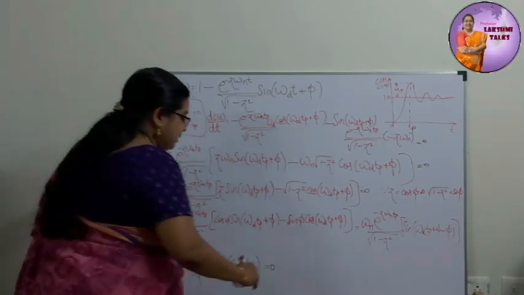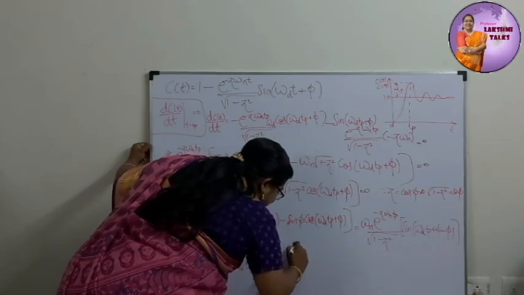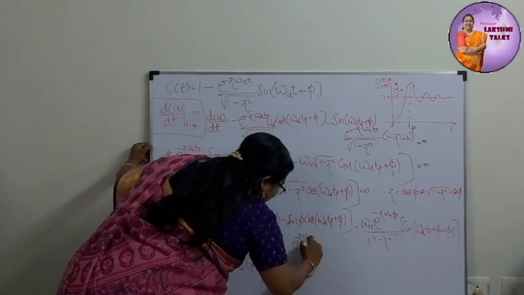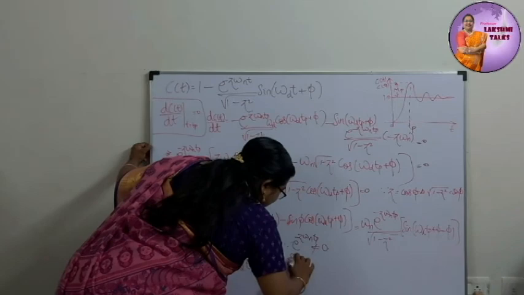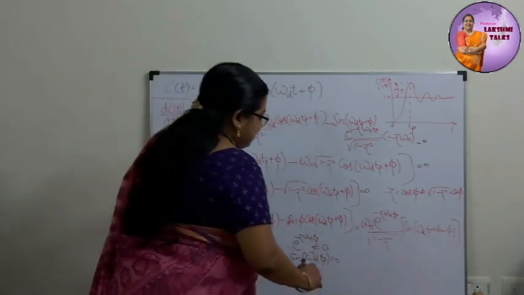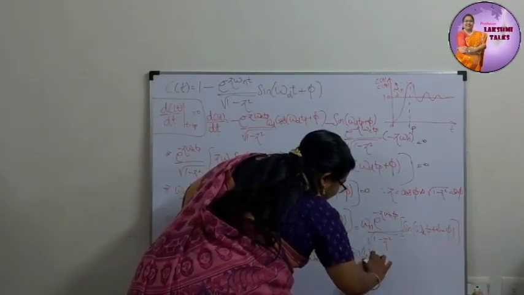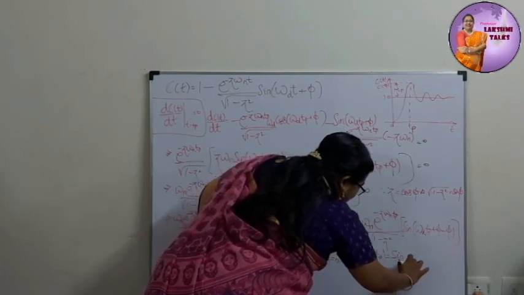Since the exponential e power minus zeta omega n tp cannot be 0, sin of omega d tp should be equal to 0, which means sin of omega d tp is equal to sin pi.